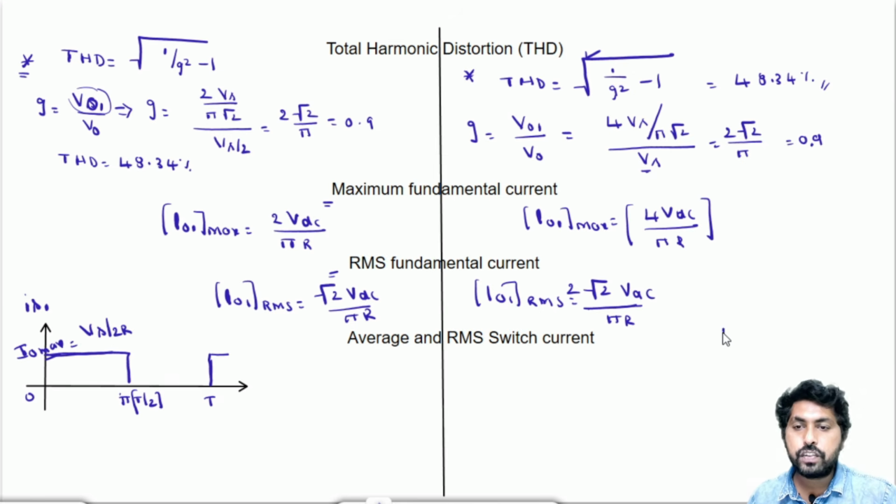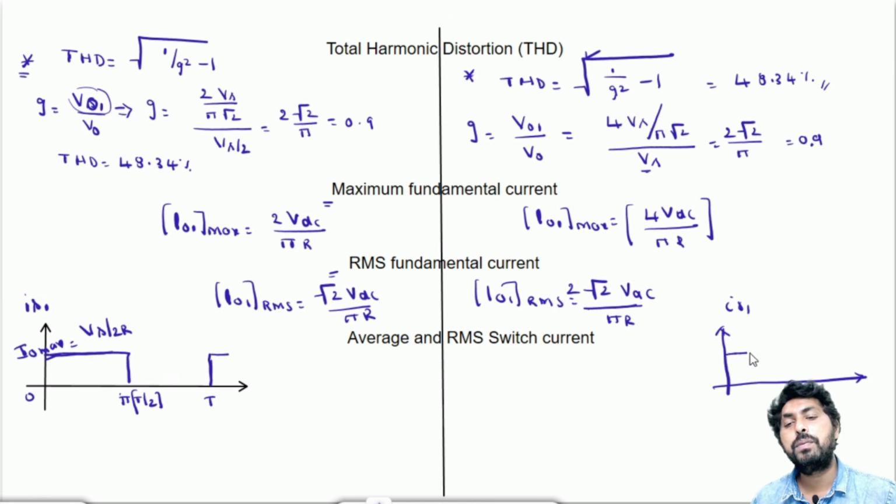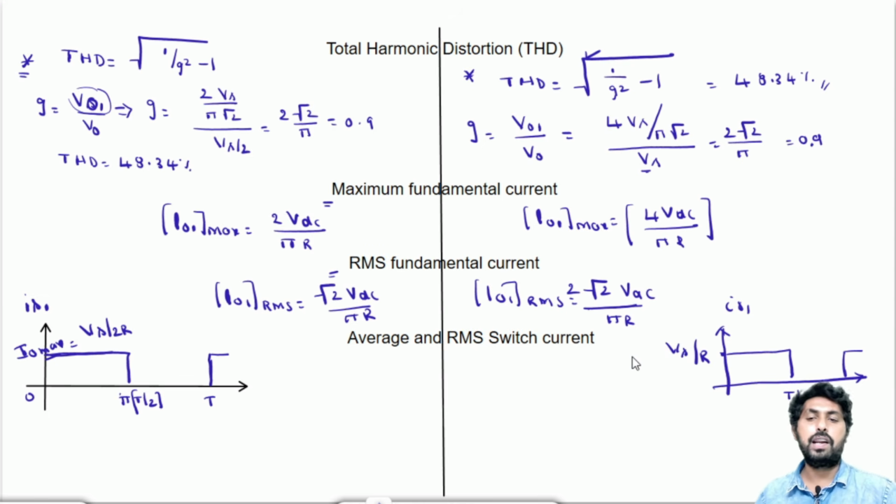So if I draw the IS1, it will be like this. For the T by 2 period, on this peak will be the Vs by R. So this is the IS1, that is the switch current.